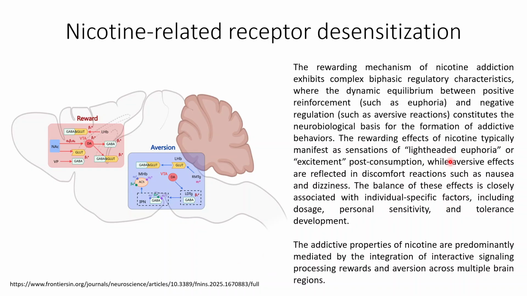But anyhow, this balance of plus and minus feelings is what can lead to these addiction properties, and they are primarily mediated, at the molecular level if you want to think about it, by the integration of interactive signaling processes in multiple brain regions.